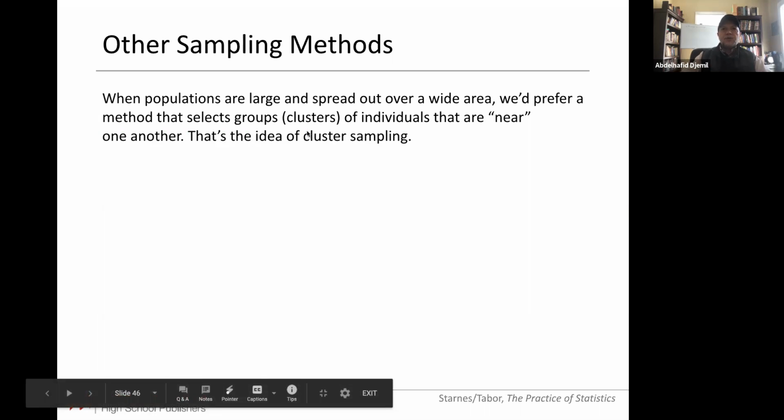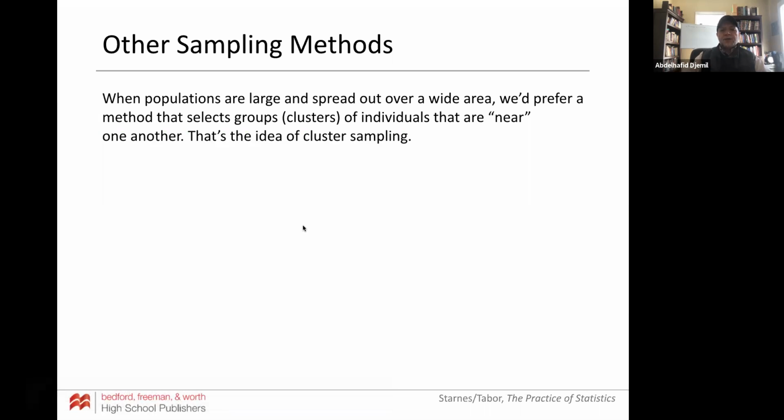Now the other one is called the cluster. We have in the ninth grade 4 classrooms, and we want to take a sample from the ninth grade. So instead of taking a sample from each class, we will make an SRS among the 4 classes. What do we mean? We say number 1, 2, 3, 4, and we use the table to choose one of them.